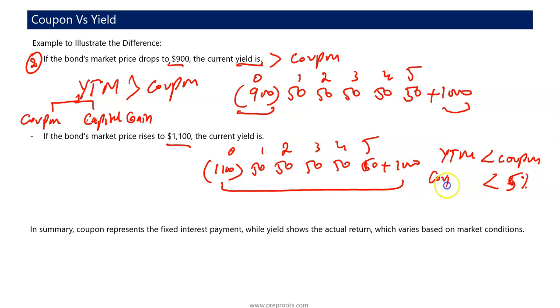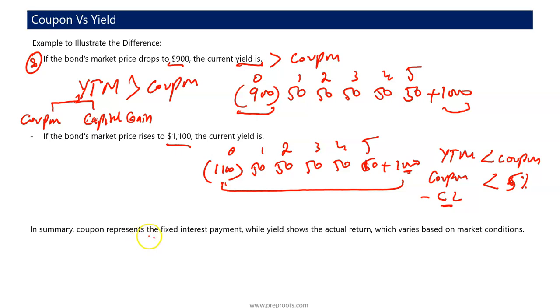Because YTM comprises coupon minus capital loss, because you have invested 1100, you are getting back 1000. So here it is a loss. Coupon is your income, but you will receive less amount because you have invested 1100 and you are getting back 1000. So YTM would be lower.